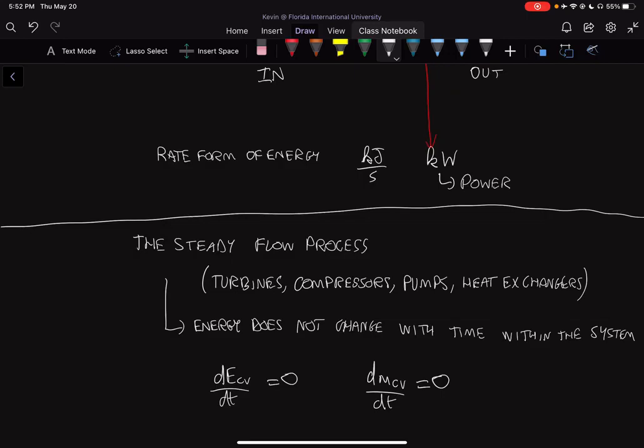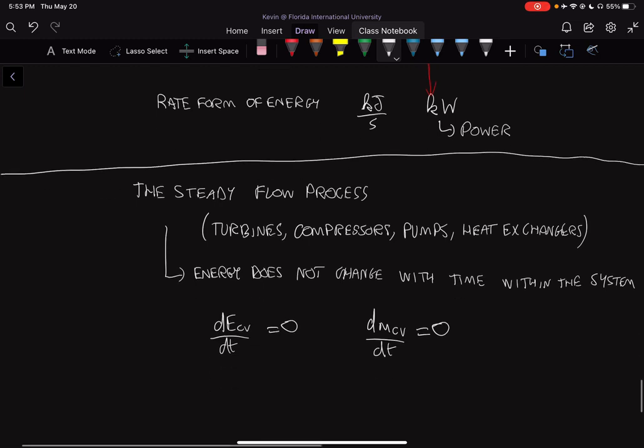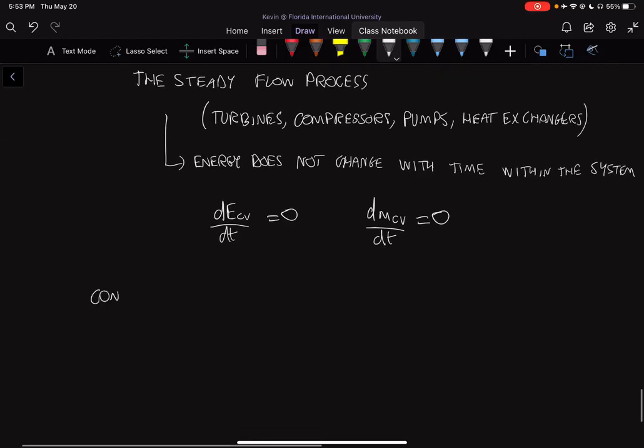In a transient problem, we have a change in mass. Okay, in this case, we don't. And so it simplifies our system a lot. So if we look at the continuity equation, which is our conservation of mass equation, we can now go back to it and say that the sum of the mass flow rates in, which we had written at the start of this video lecture, minus the sum of the mass flow rates out is equal to d/dt of m cv.